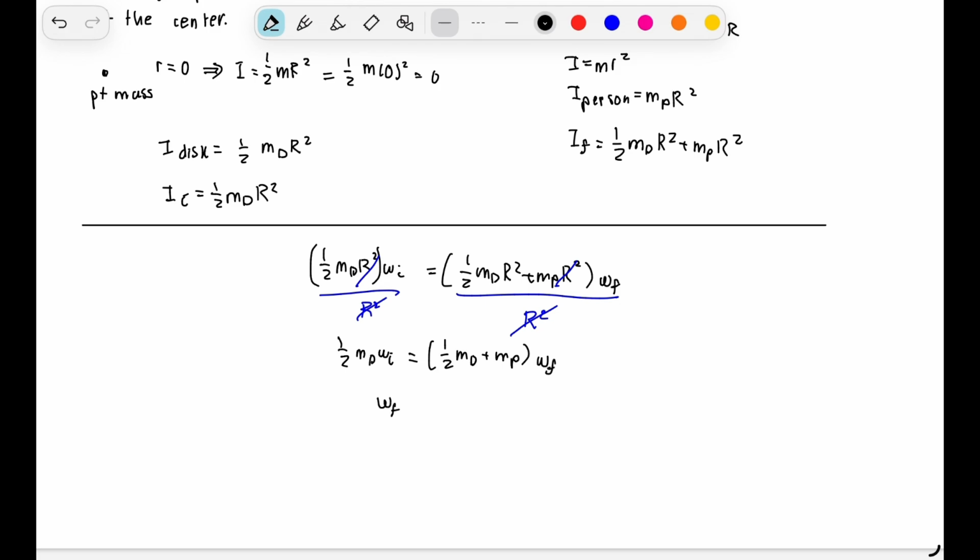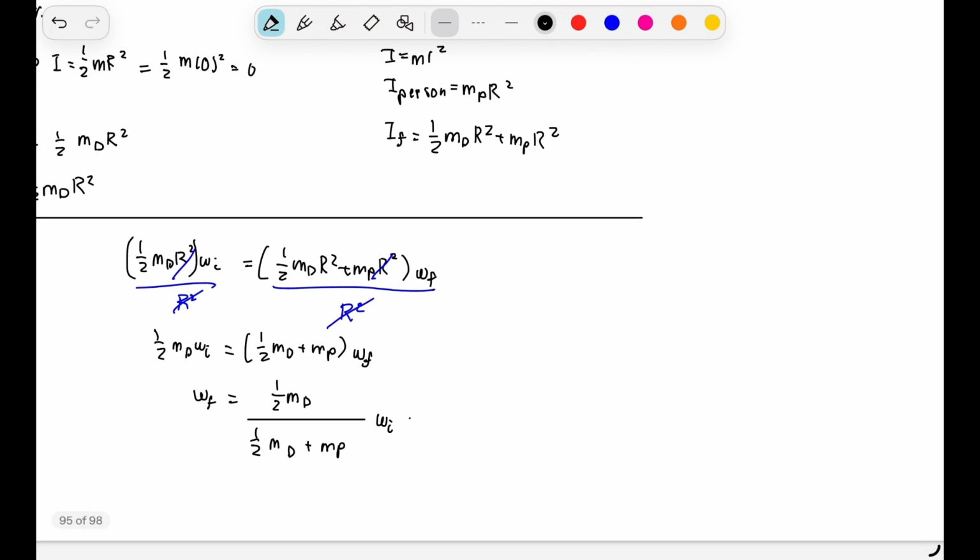For omega f, you would get 1/2 md divided by 1/2 md plus mp, times omega initial. So this would be your final expression, or you could also write this as md over md plus 2mp times omega initial, because you could just cancel out that 1/2, and then you would just write a 2 coefficient for that mp in the denominator. This is a subscript, by the way.